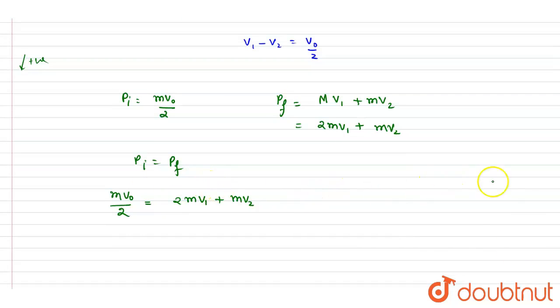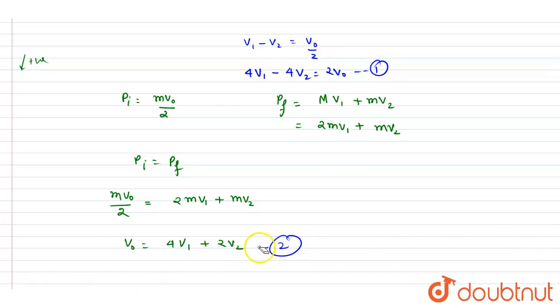And if you see we wanted v1 and v2, so I will write down v0 is equal to 2v1 plus 4v2. So this is the one equation, this is the another equation. If you multiply this equation by 4, then I will write down it is 4v1 minus 4v2 is equal to 2v0. Equation 1, equation 2.